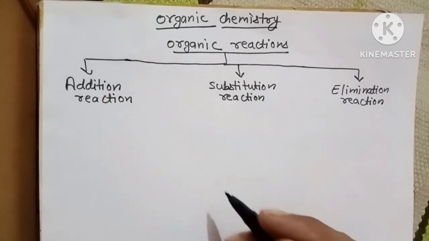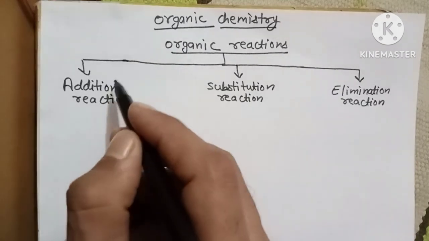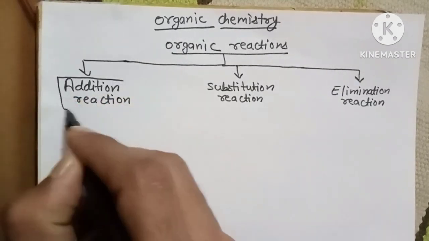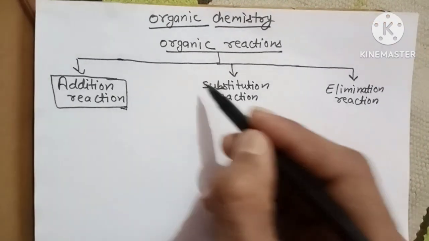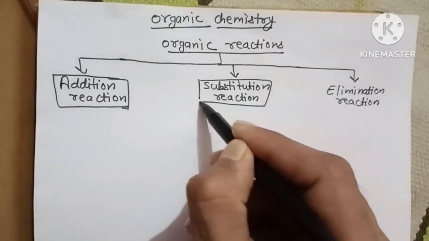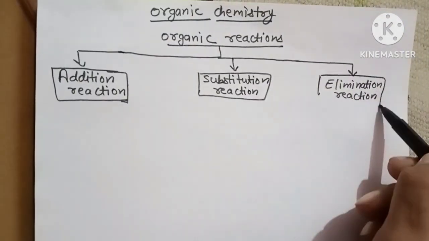So we have mainly seen the three important reactions in chemistry: addition reaction, substitution reaction, and elimination reaction.